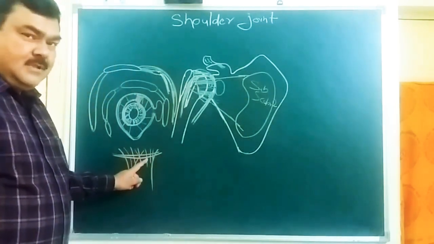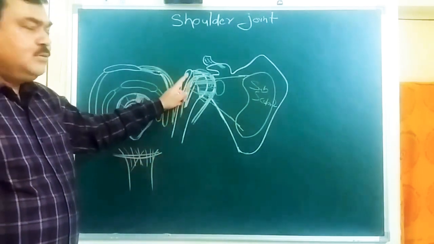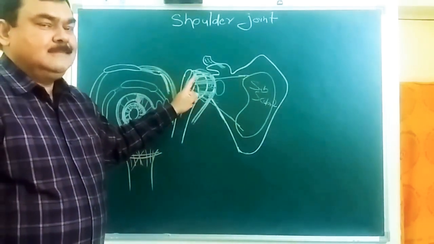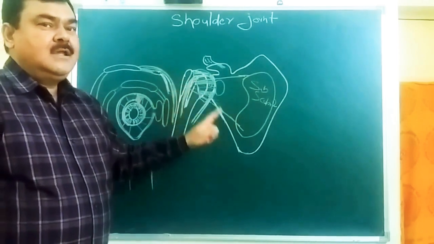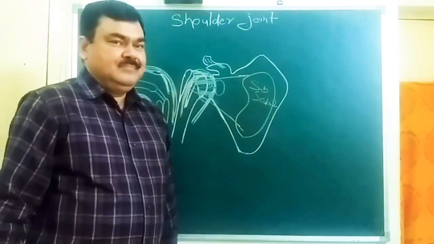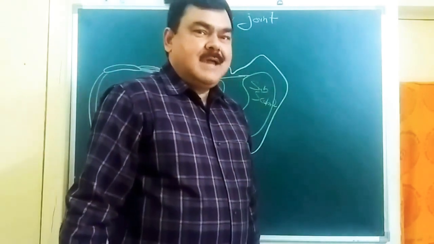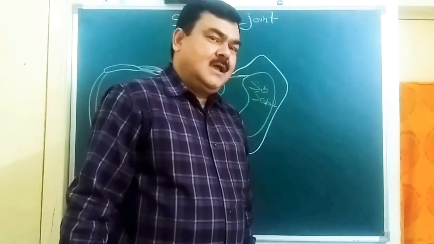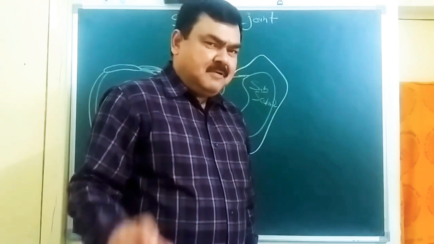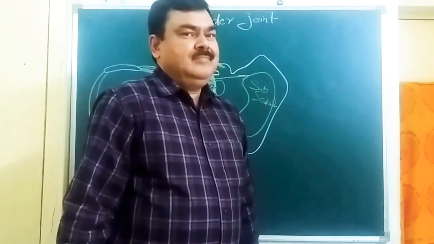And axillary nerve, as you know, gives supply to deltoid muscle and teres minor. And deltoid muscle causes abduction at shoulder joint between 15 to 90 degrees.